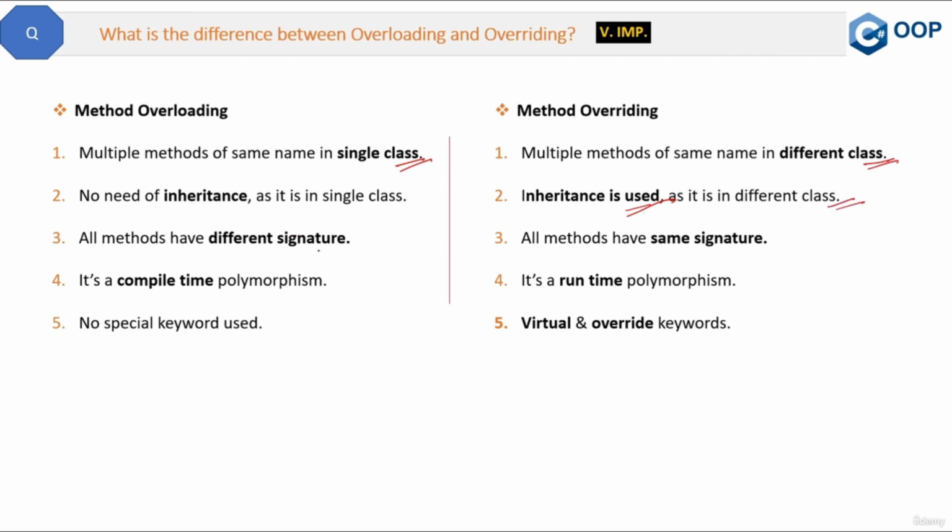Then in overloading, all methods have different signatures, okay? But in overriding, all methods have the same signature. Overloading is a kind of compile time polymorphism and overriding is a runtime polymorphism. And in overloading, no special keyword is used, whereas in overriding, the virtual and override keywords are used.